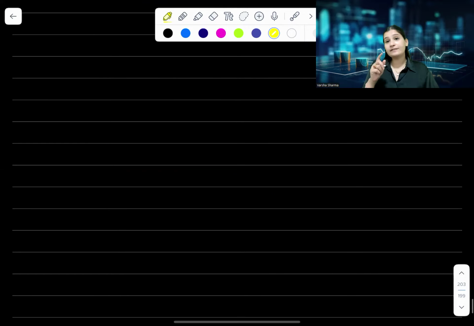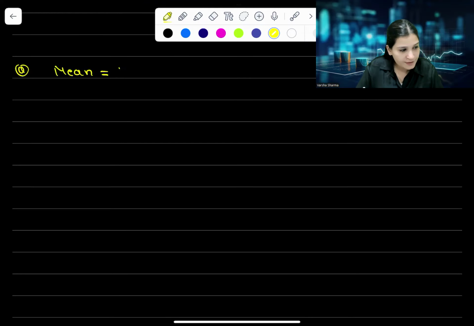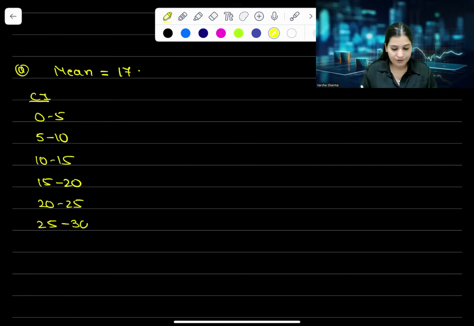Okay. Then we'll be doing a missing frequency question. For a missing frequency, we will apply the same method but with trial and error. So, question. Mean is given to be 17. Class intervals: 0 to 5, 5 to 10, 15 to 20, 20 to 25, 25 to 30, 30 to 35.